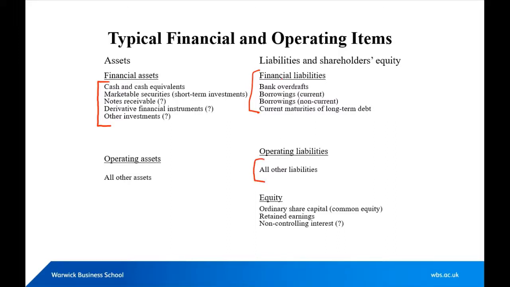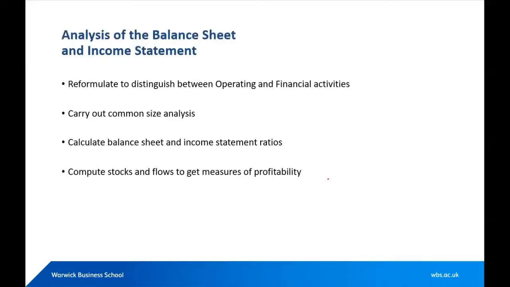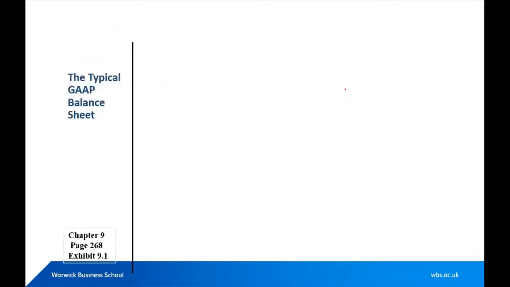We need to think of these items and apply this. The equities are as before, common equity plus retained earnings, and if we have any non-controlling interest, it needs to be adjusted. So we need to distinguish between the operating and the financial activities.